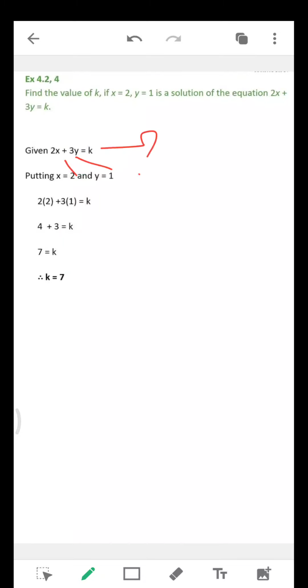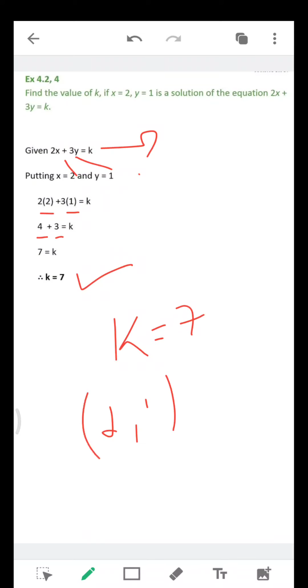So 2 into 2 after substituting, and 3 into 1 is equal to k. 2 twos are 4, 3 ones are 3, 4 plus 3 is 7, so k is equal to 7. So for k is equal to 7, I can say 2, 1 is a solution of this equation for k is equal to 7.